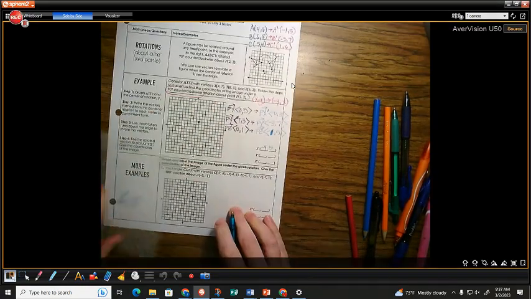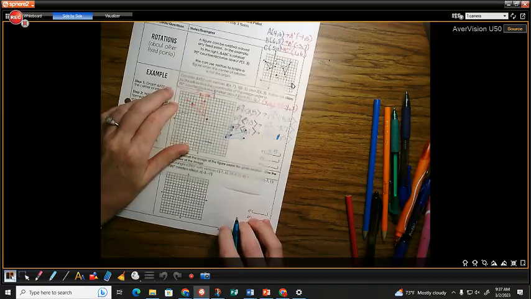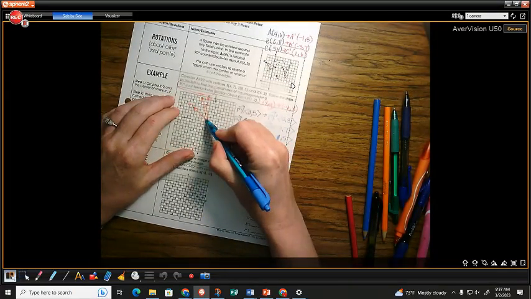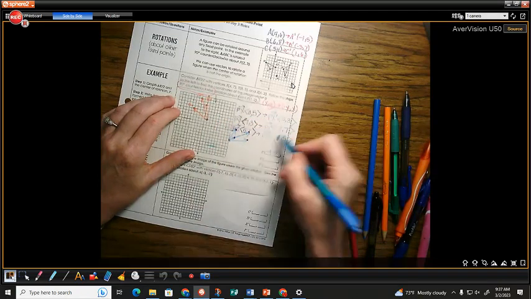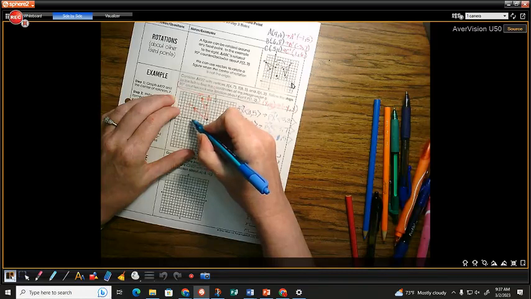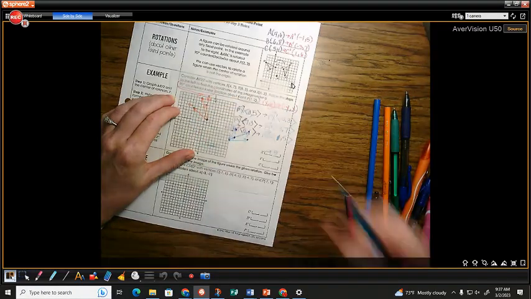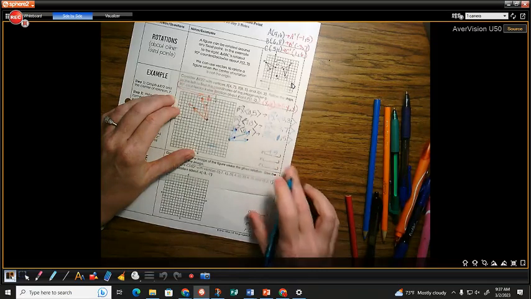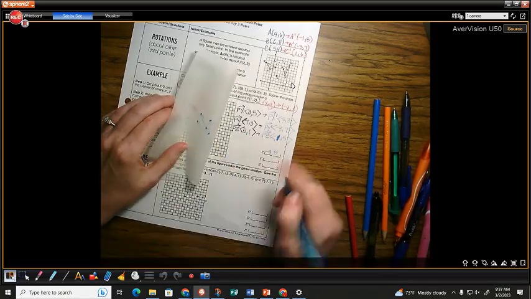So my point should be at negative 4, 5. Let's see if that matches what my coordinates said to do. Get lined up here, so I should be at negative 4, 1, 2, 3, 4, 5. Right there. Okay?